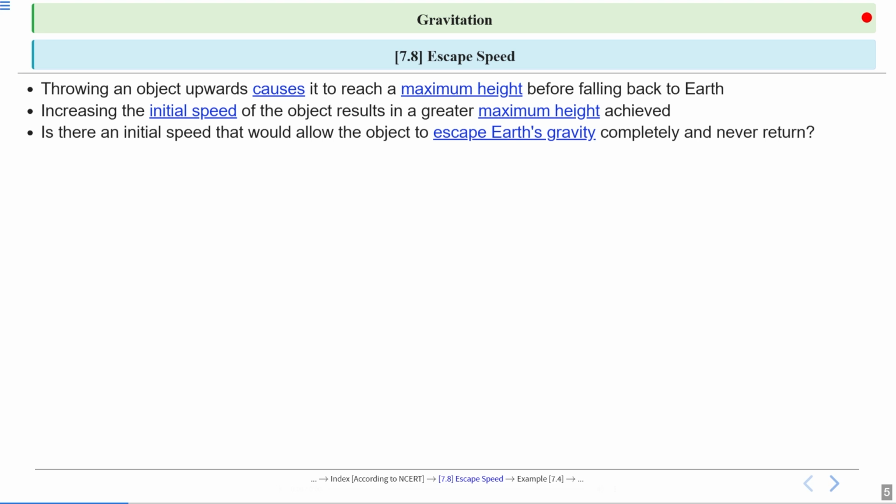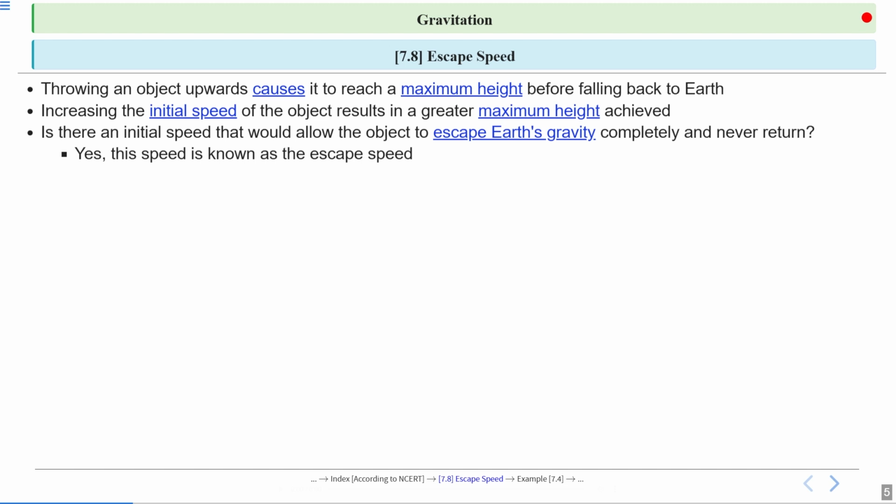Is there an initial speed that would allow the object to escape Earth's gravity completely and never return? This introduces the concept of escape speed, which is important in understanding how objects can leave a planet's gravitational field. So the answer is yes.